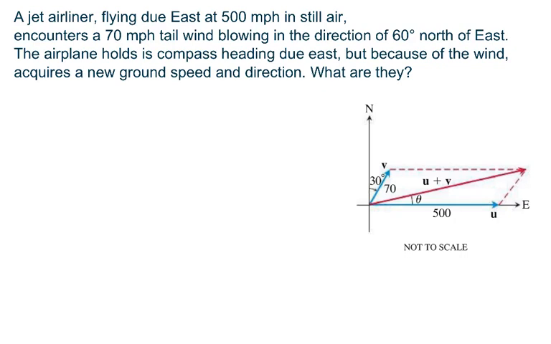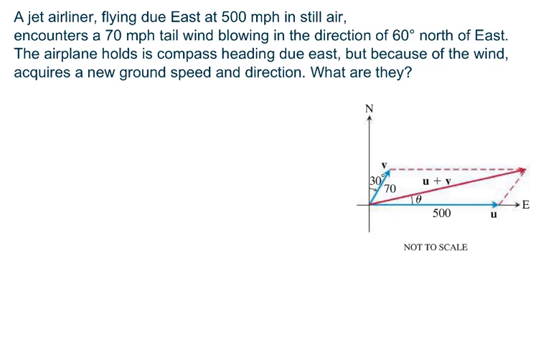So that means to get to that wind vector, we traveled up 60 degrees, or down 30 degrees to the east of north. Either are the same angle. This picture is not drawn to scale, but notice I did draw my 500 quite a bit longer than my 70.